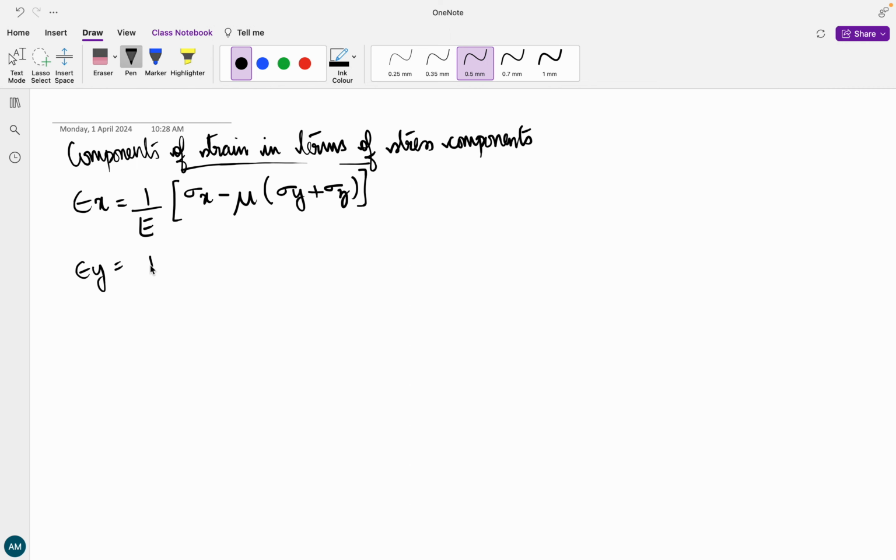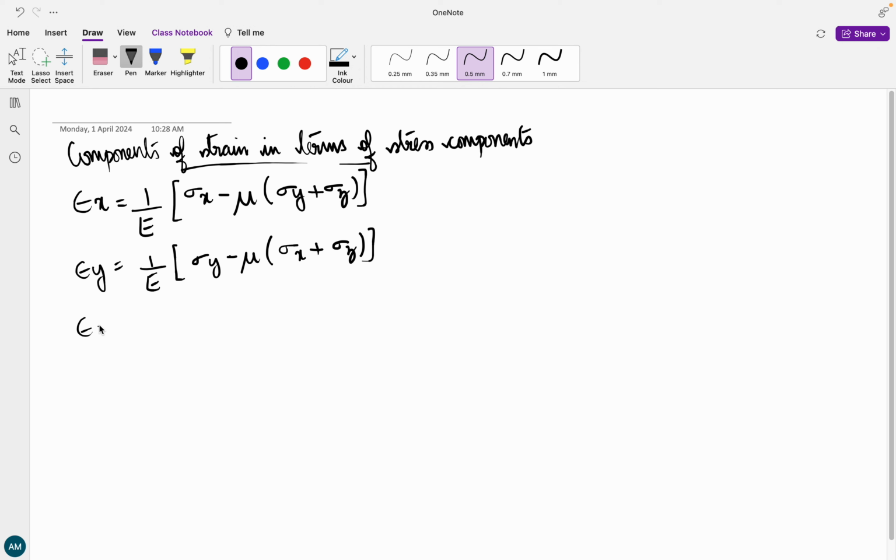Then epsilon y is 1 divided by E into, please remember, it's a very easy way to remember. We have three components, x, y, and z. I'm writing for epsilon x, so 1 by E of sigma x, minus Poisson's ratio times the other two components, that is y and z, so summation of them, sigma y plus sigma z. Now I'm going to write for epsilon y, so first it is going to be sigma y minus mu times summation of the other two components, that is nothing but x and then z.